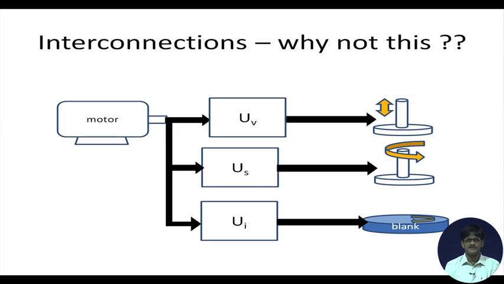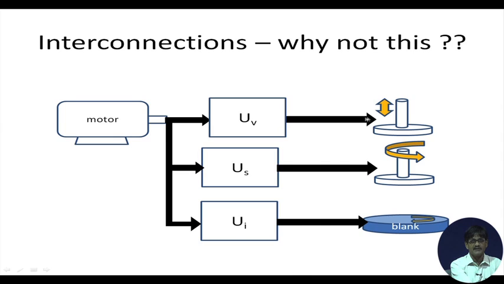So, if we consider this configuration, say some student comes, suppose I am assigning a particular task to a student who has just become conversant with gear shaping: connect up all the gearboxes with the motor and all the machine elements that they are supposed to serve. So, the gearbox UV is supposed to serve the up and down movement.